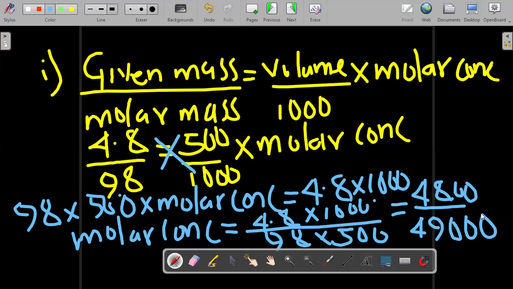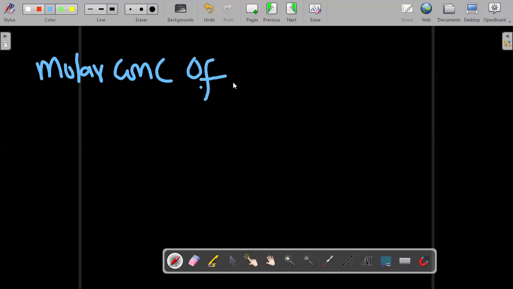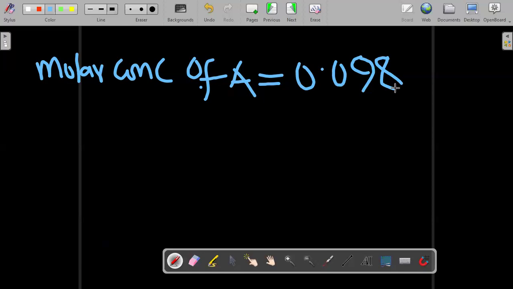So my molar concentration of A, of the acid, is 0.098. You put the unit mole per dm cube.